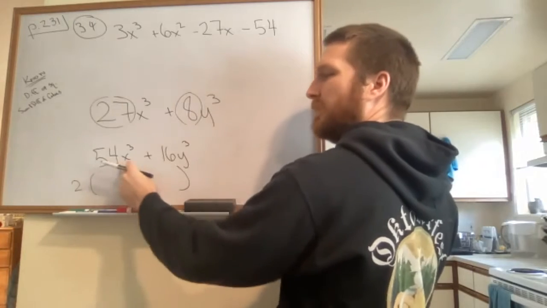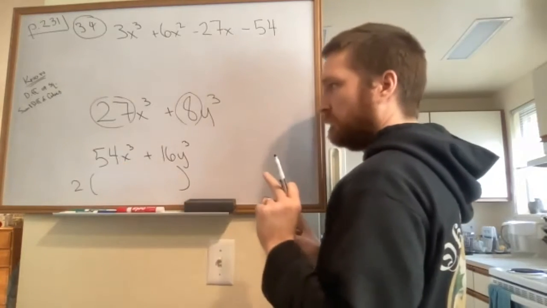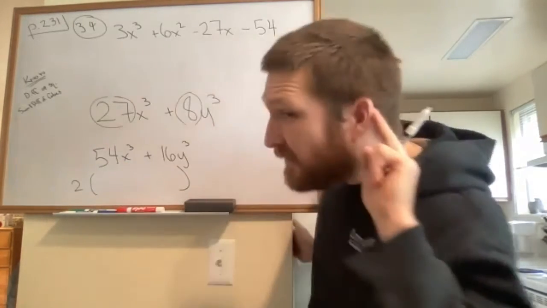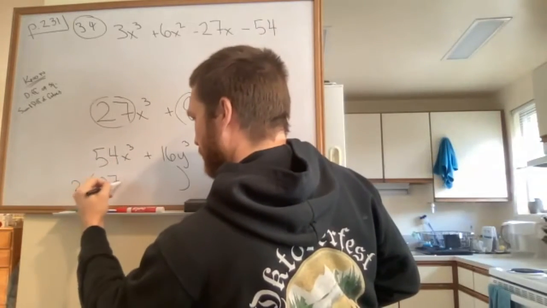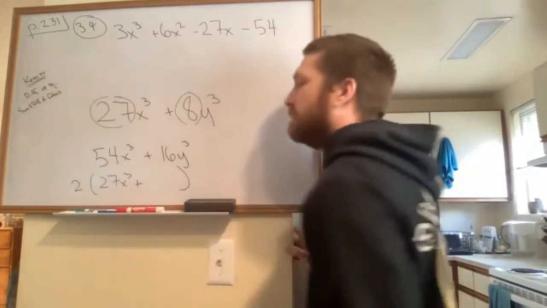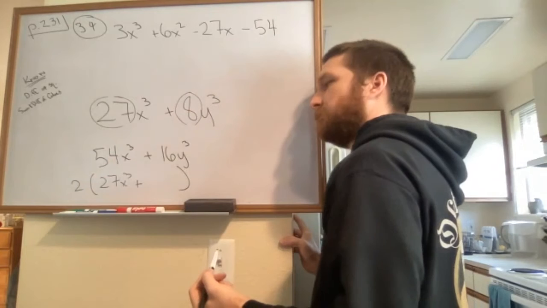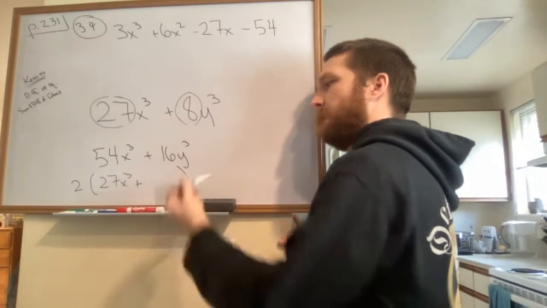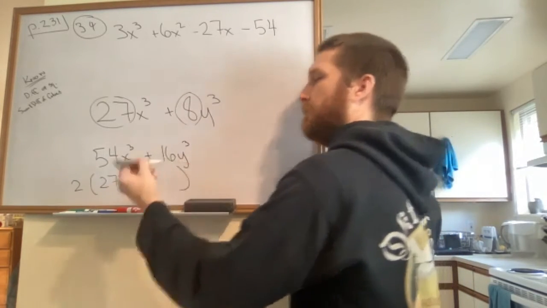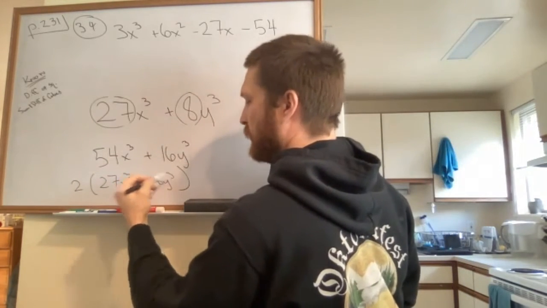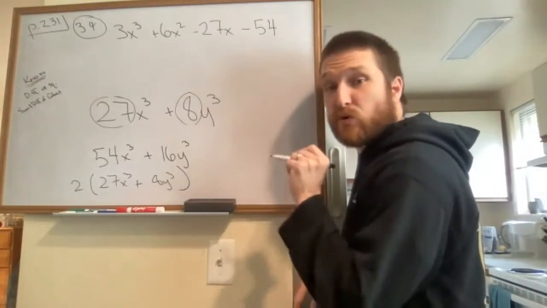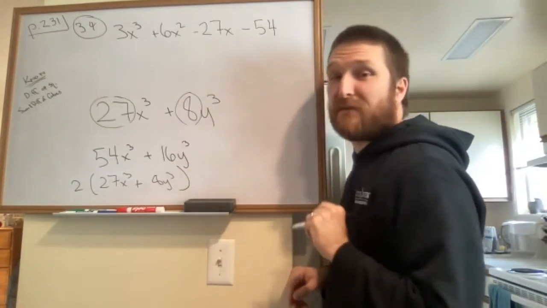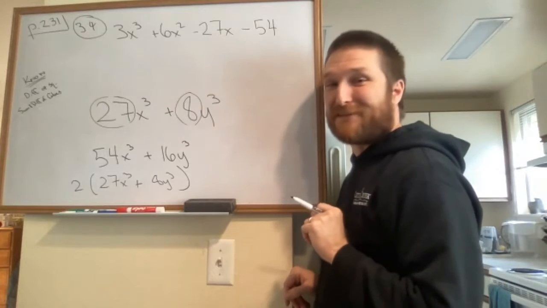What would be left right here? 27x cubed and 8y cubed, which is what I just did. What I did over here is I wrote 27 plus 27 because I couldn't multiply 27 times 2 in my head.